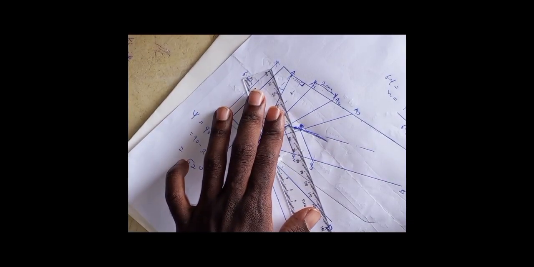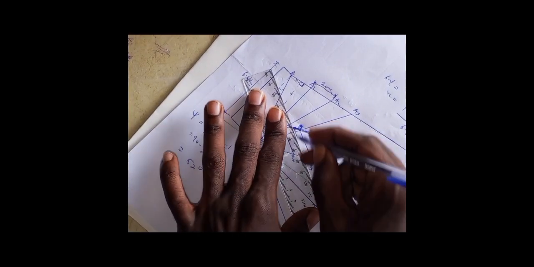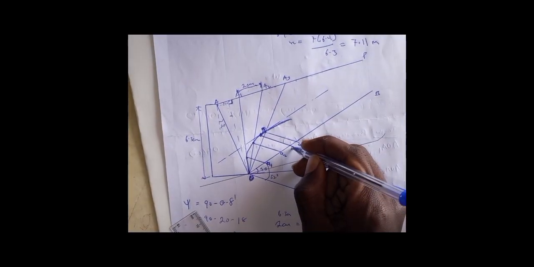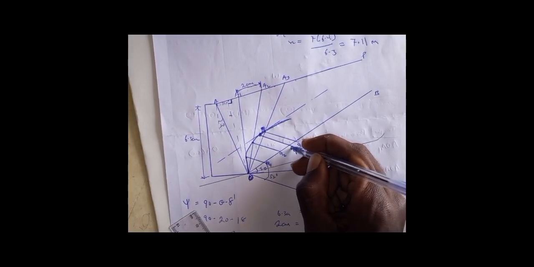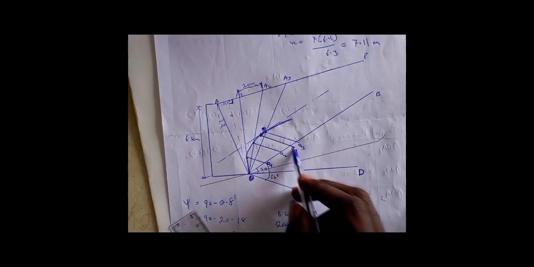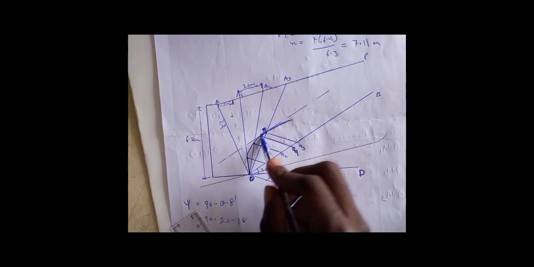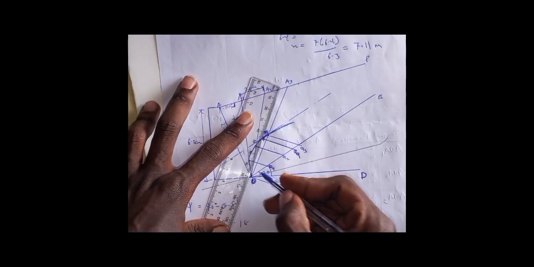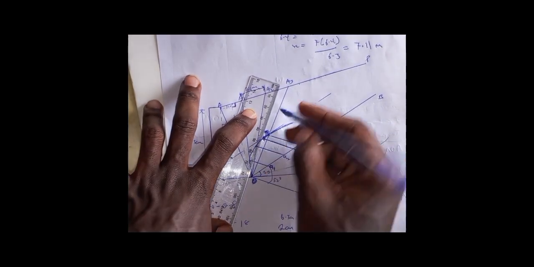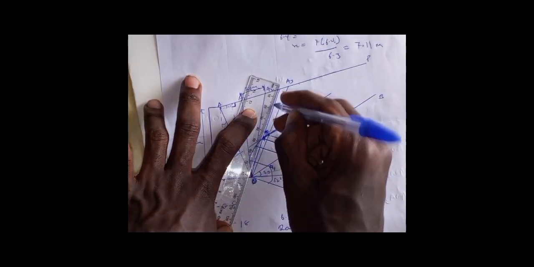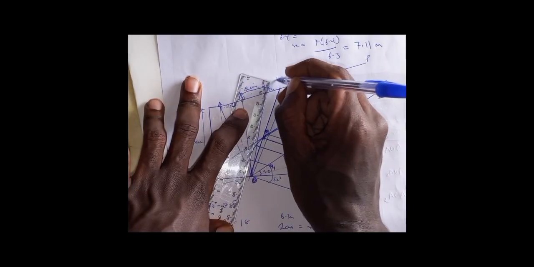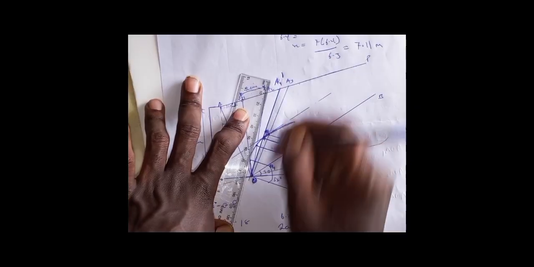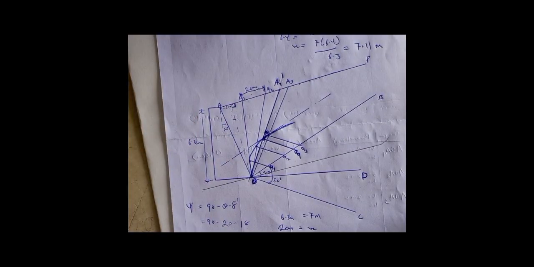Then I name that point A. At the point where the tangent touches the curve, I draw a line passing through that point, and I name it A prime. Good.